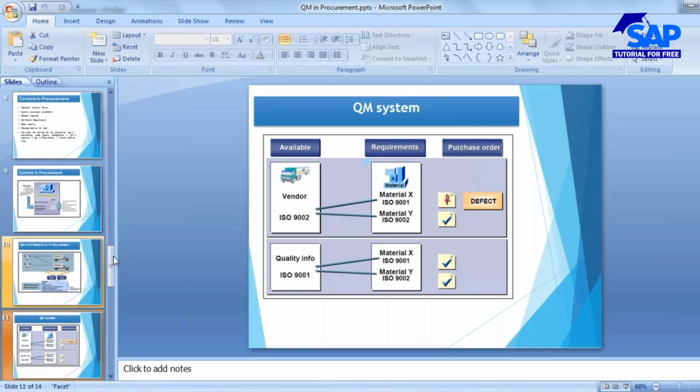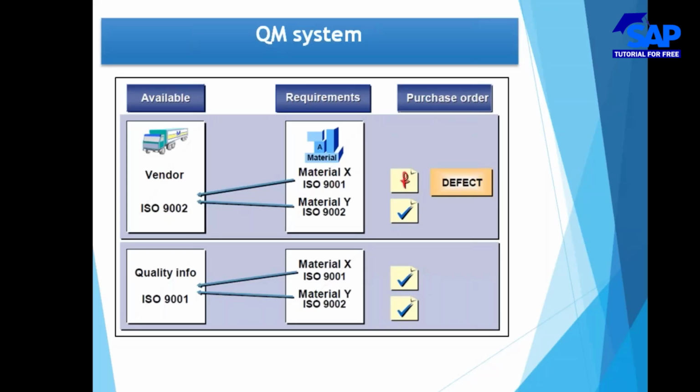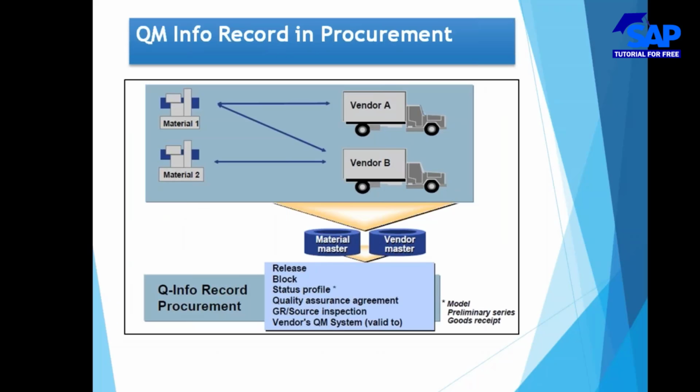So this is the QM info record. For the combination of material and vendor, you will say that this material can be procured from this vendor. That's the information you give to the system.